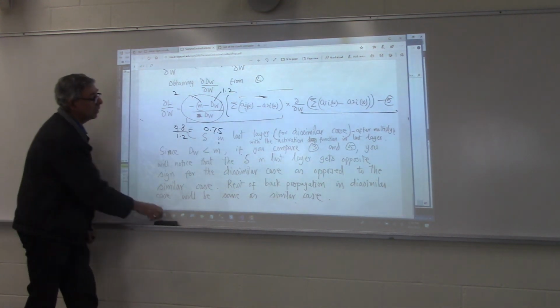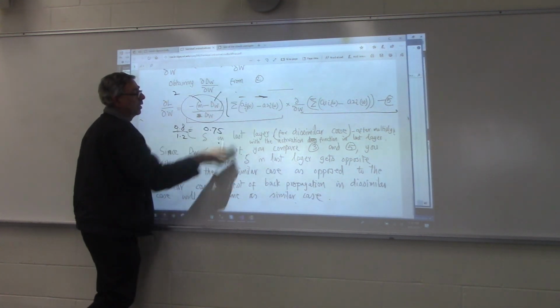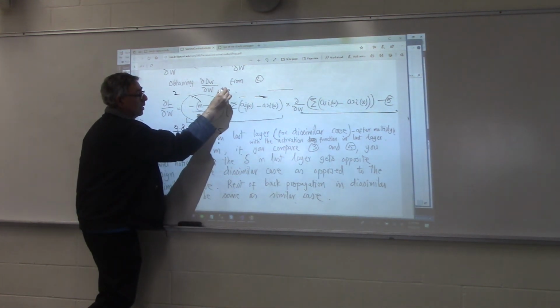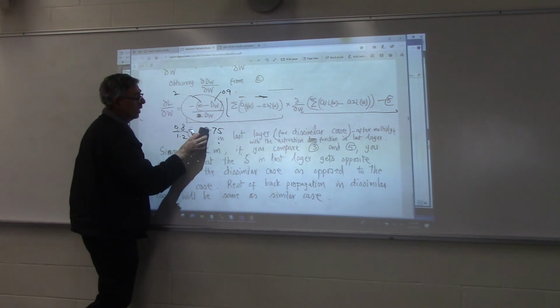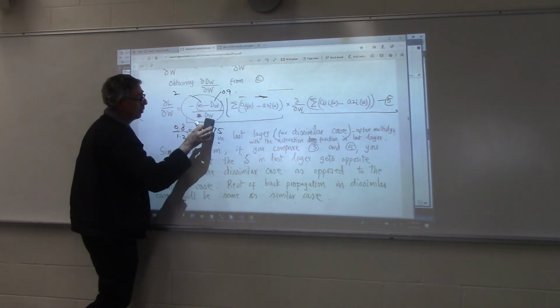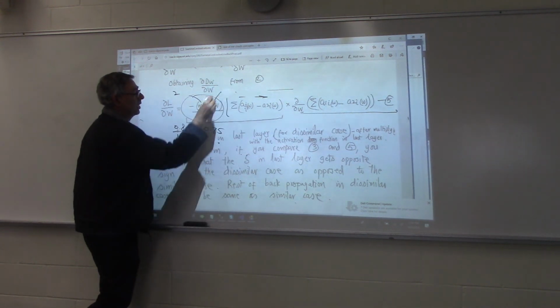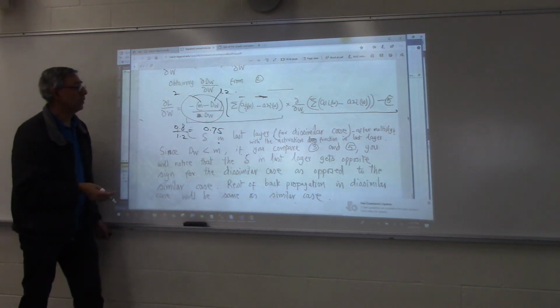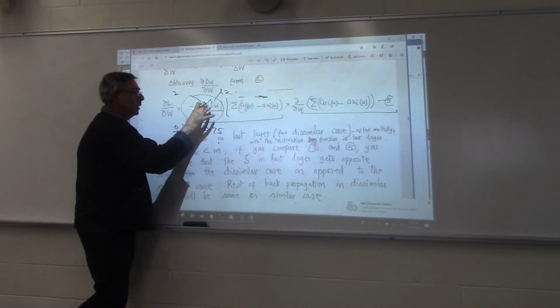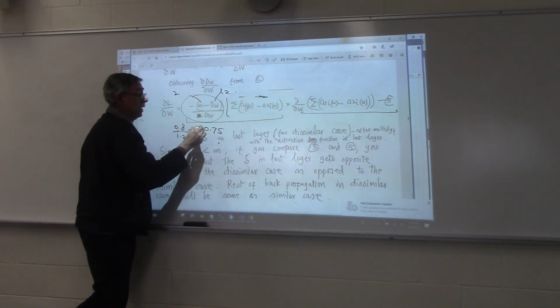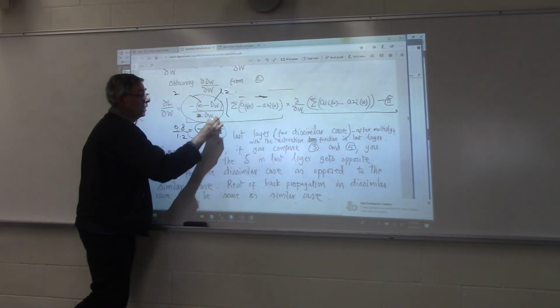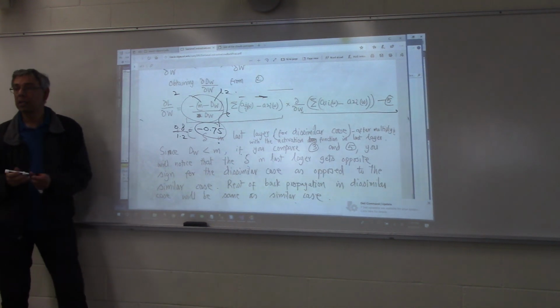Let me even make it 0.9, and now this will produce, okay, let me just leave it the same way, it doesn't matter. So won't this whole thing be multiplied by negative 0.75 in this example?